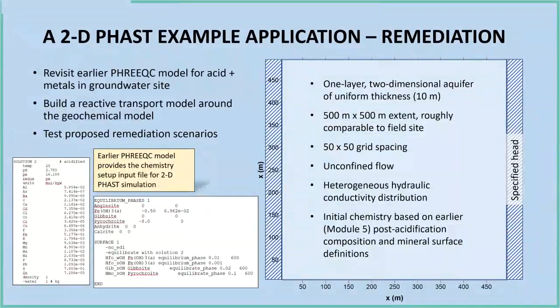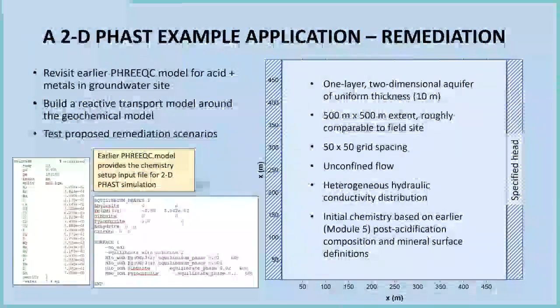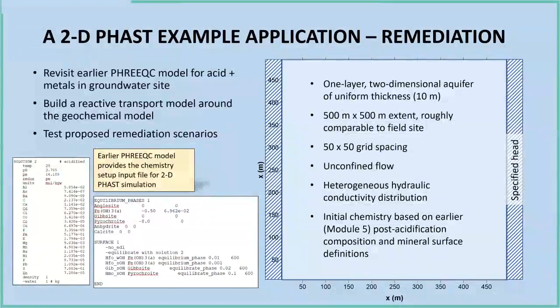We're also including here a two-dimensional depiction of the aquifer, which is divided into a 1/2 by 1/2 kilometer block, discretized into a 50 by 50 grid. Groundwater flow in this aquifer is unconfined and is represented by specified head boundary conditions on the left and the right side.